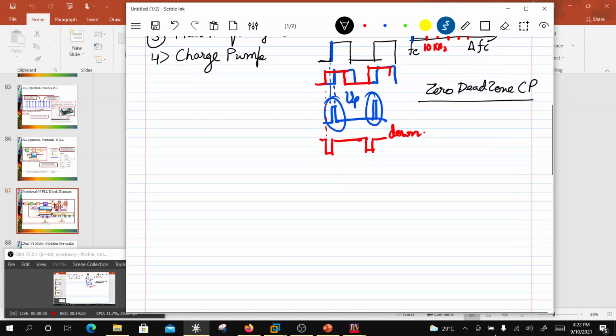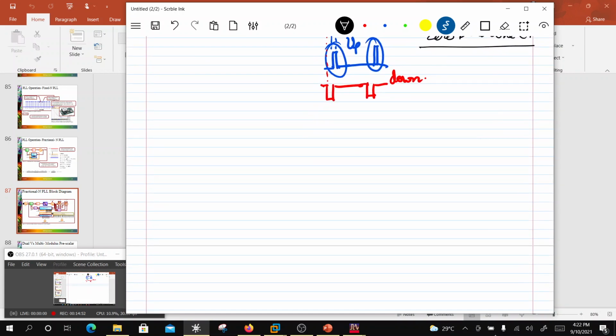Okay, so what do I mean by that? I mean the following. Let's say I am taking the output voltage of a charge pump, and these up pulses are coming or down pulses are coming. Let's say we start from here, and if I receive these up pulses, then the charge on this is going to integrate and then saturate at some point.